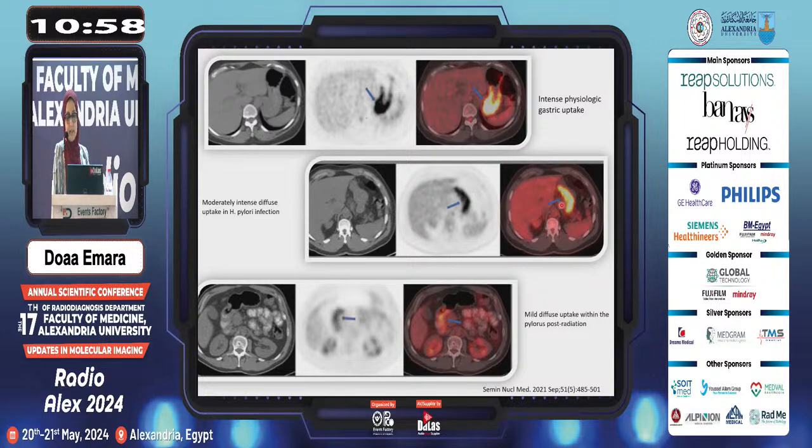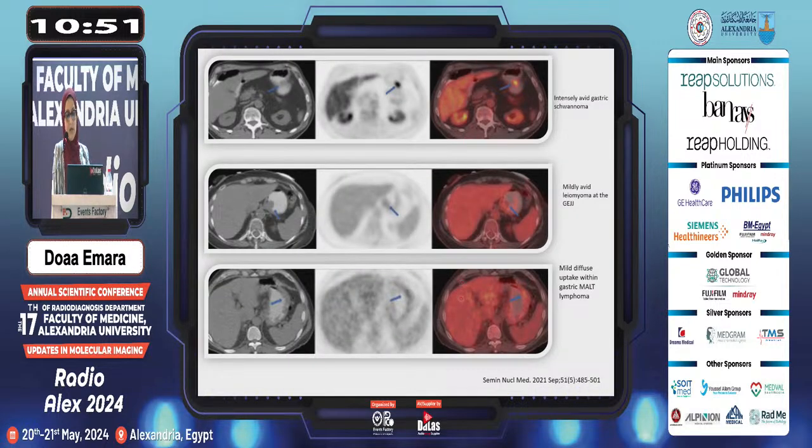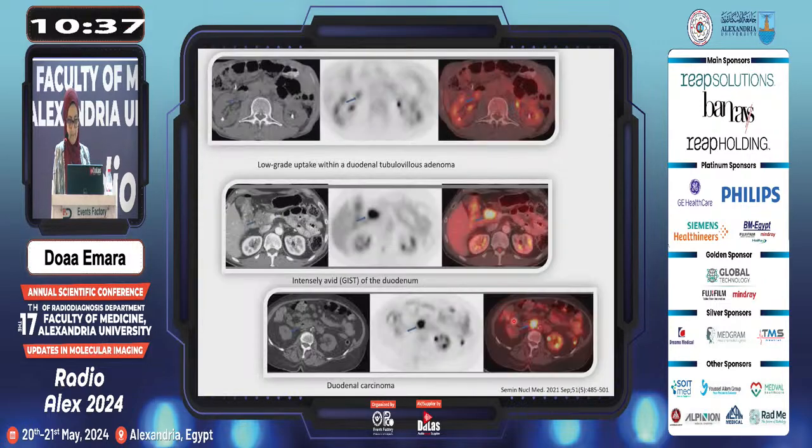The second one is gastritis, while the third one is radiation gastritis. 3 different tumors: intense uptake in gastric schwannoma, mild uptake in gastroesophageal leiomyoma, and the last one is lymphoma with mild uptake. Mild uptake in a case of duodenal tubulovillous adenoma, intense uptake in duodenal gastrointestinal stromal tumor, and carcinoma.